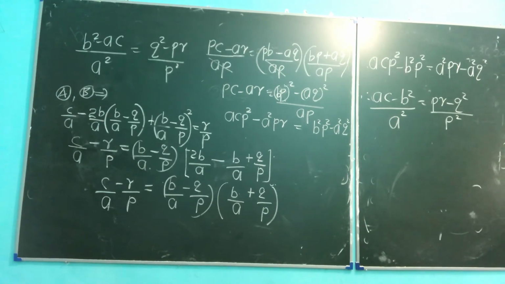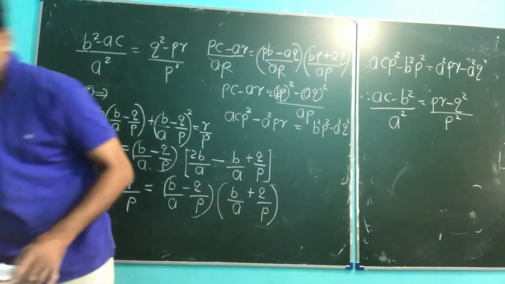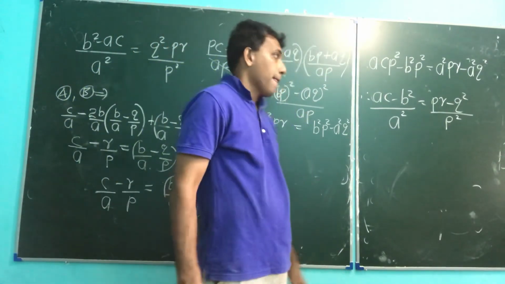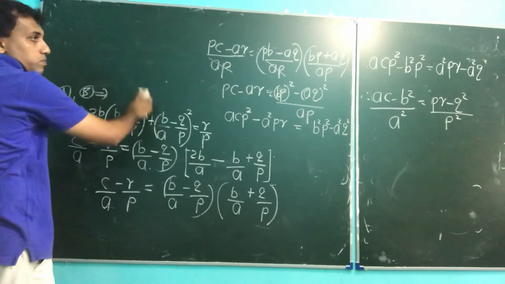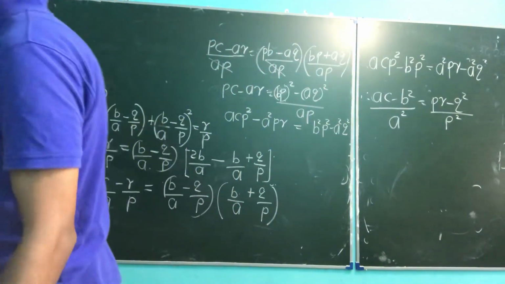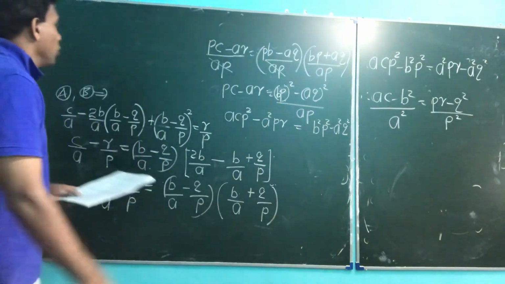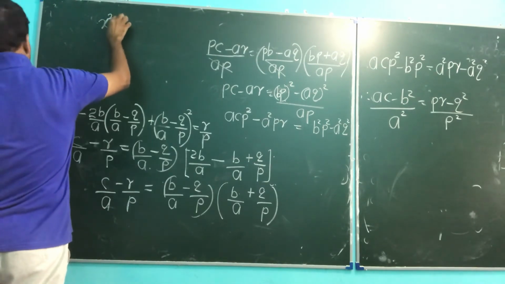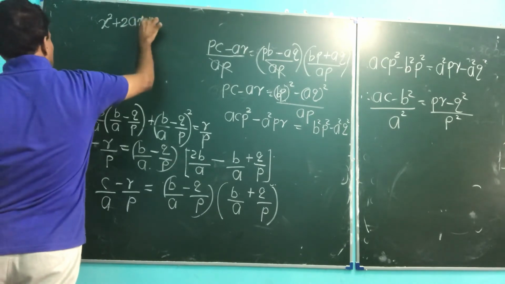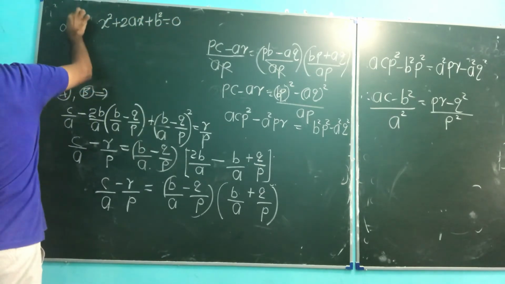Next question 42. Question 42. The roots of the equation x square plus 2ax plus b square equals 0 are alpha 1 and beta 1.